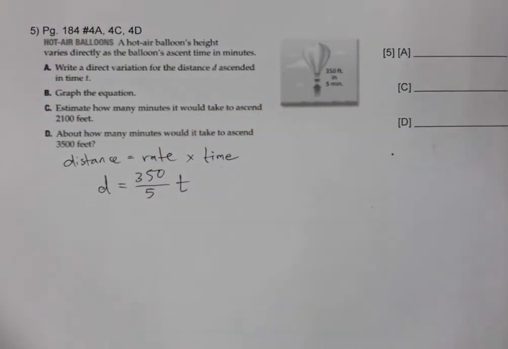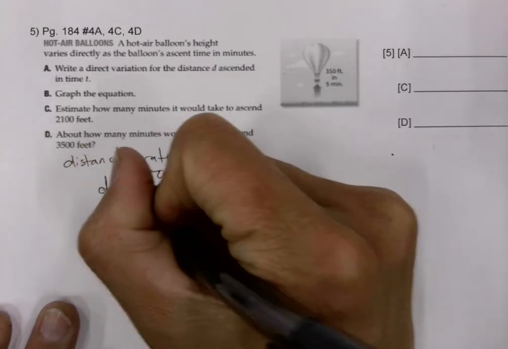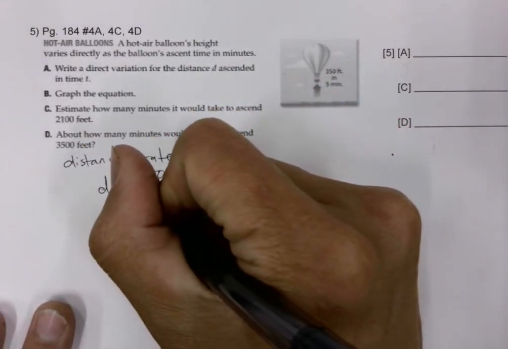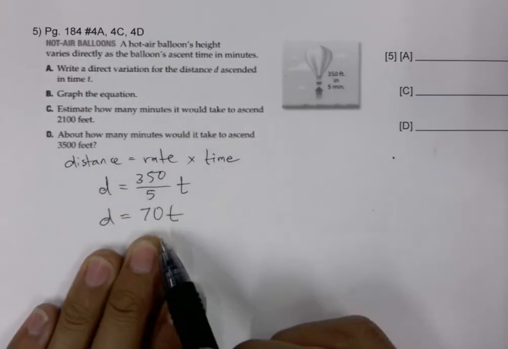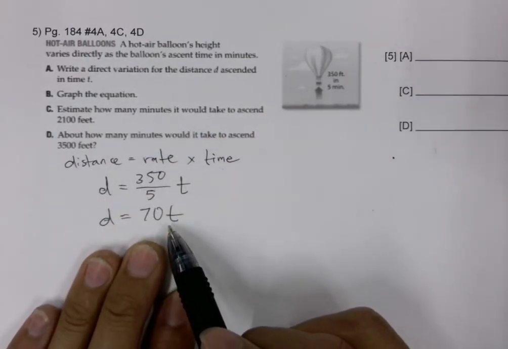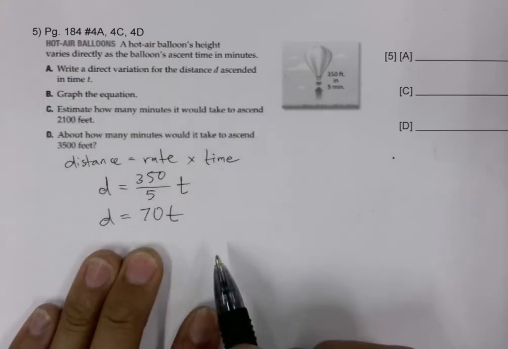Now let's go and do the math. And 350 divided by 5 is 70. So we'll be left with the equation d is equal to 70t. And this here is a direct variation for the distance ascended in time t.